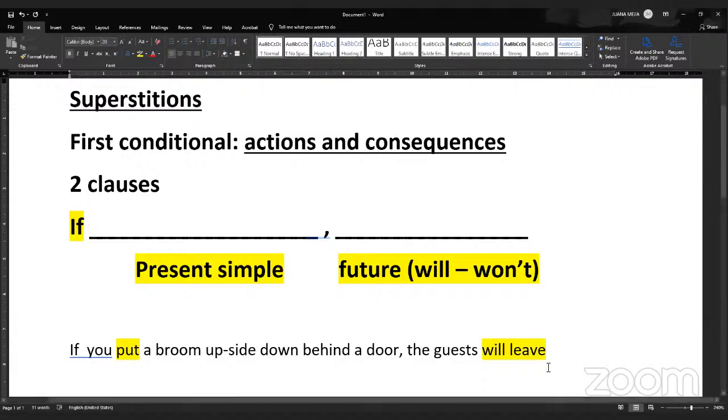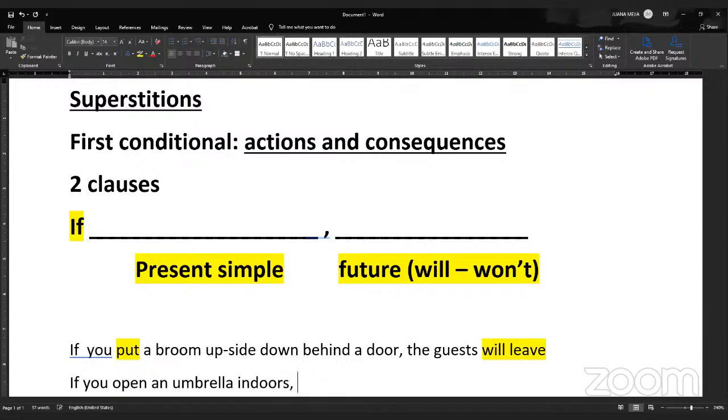Good superstition. Well, let's carry out another one. Let's see if you know this superstition. What's the consequence?